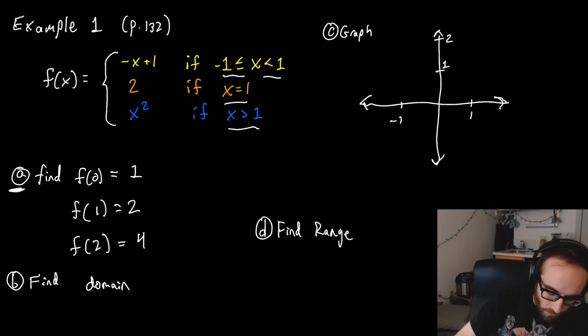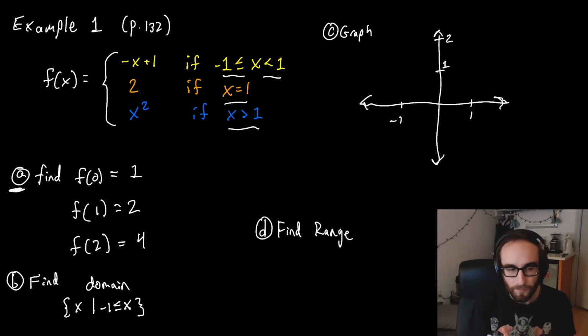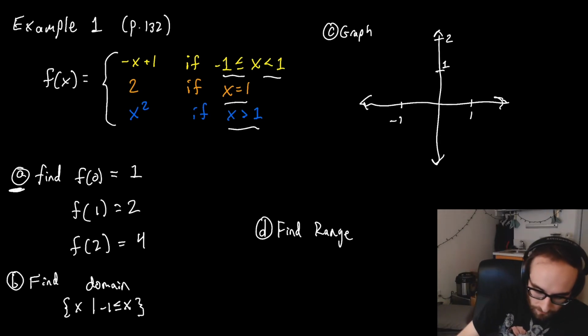So our domain is going to be x values such that x is greater than or equal to -1. So any x value greater than or equal to -1 works for our function.